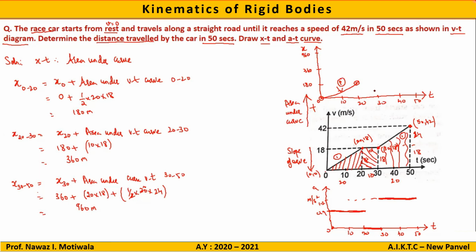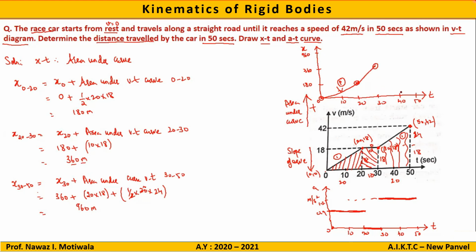Next part: at 30 the displacement is 360 meters, so this is the point. Now these 2 points need to be connected. Taking help from the VT diagram, the degree for this curve is 0. So as the degree is 0 here, it should be degree 1 in the xt diagram. Degree 1 means an inclined line, so this will be joined by an inclined line.